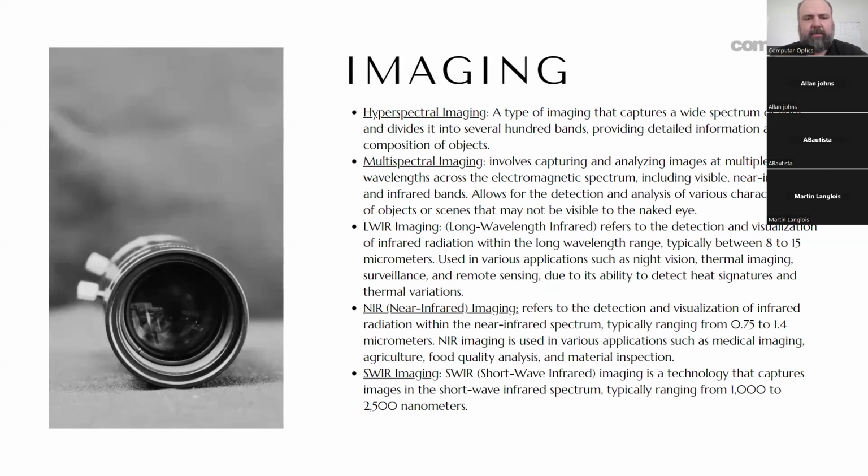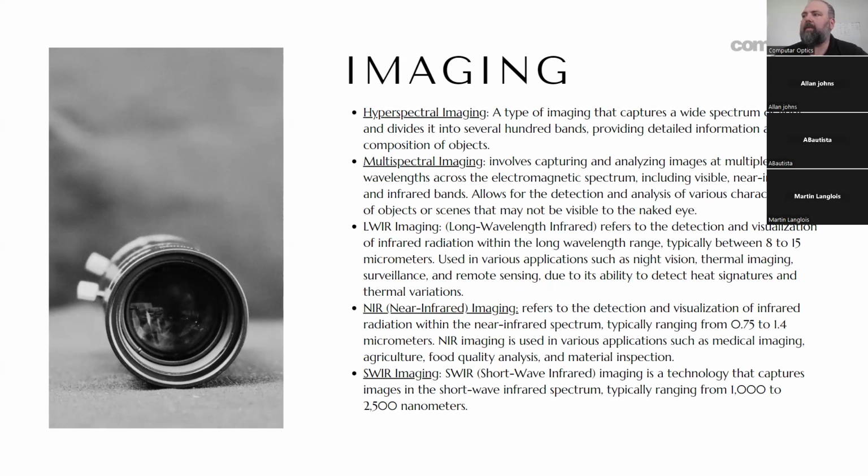Multispectral imaging is useful to discriminate against land surface features and landscape patterns. Hyperspectral imaging allows for the identification and characteristics of materials. Next, long wave infrared refers to the detection of infrared radiation between 8 to 15 micrometers.